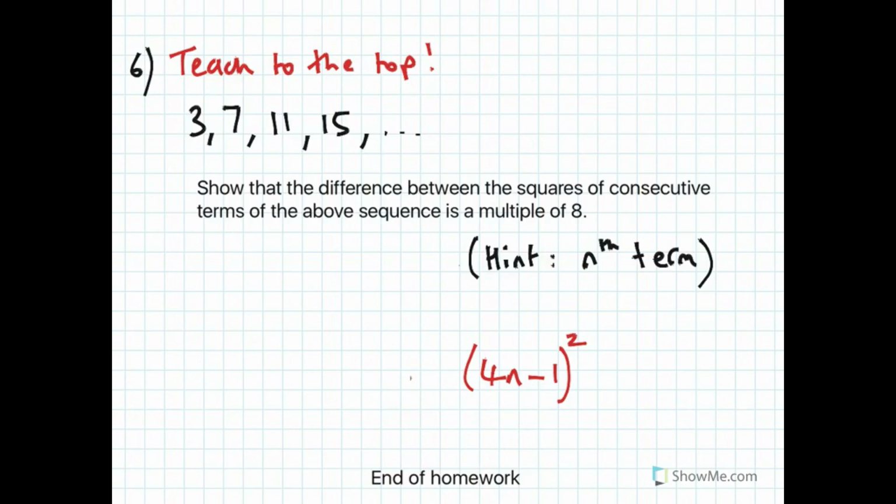What I need to do is take that away from the square of the next term in that sequence. And once you get the algebra down there, it's simply a matter of expanding both sets of double brackets and subtracting carefully, and then collecting things together and factorising. Again, you should end up with, at the end, 8 lots of something. If you get that, you've got it right.